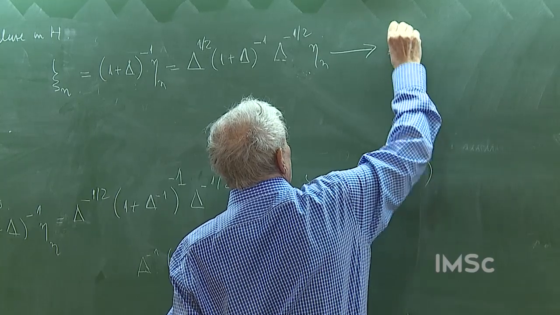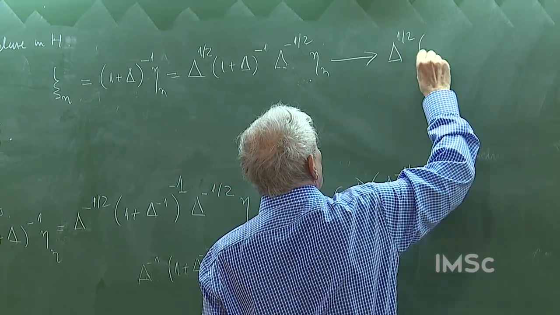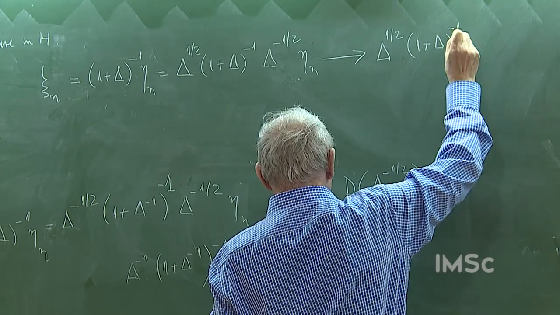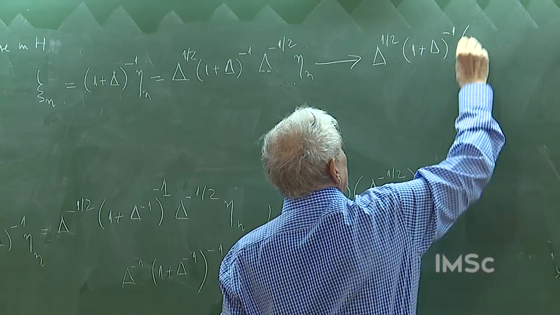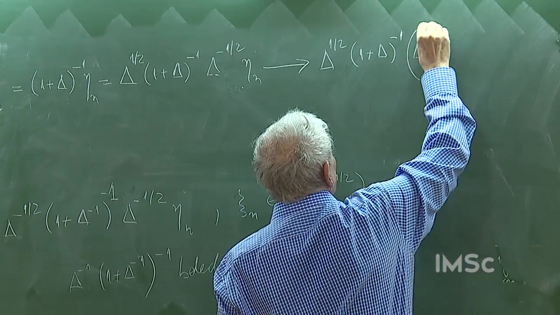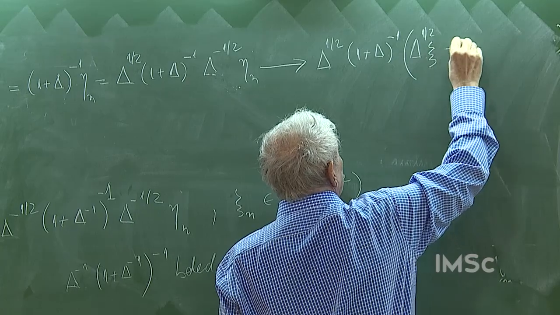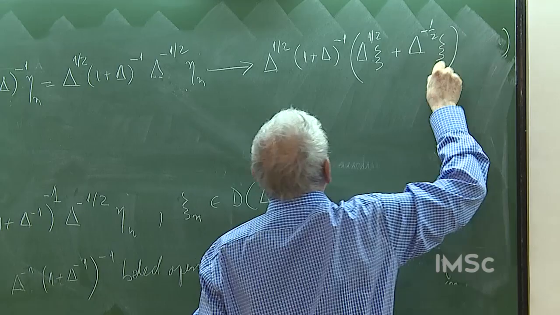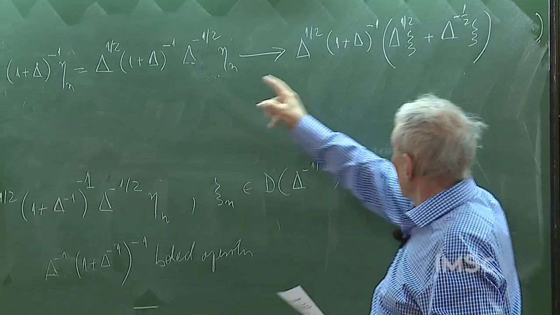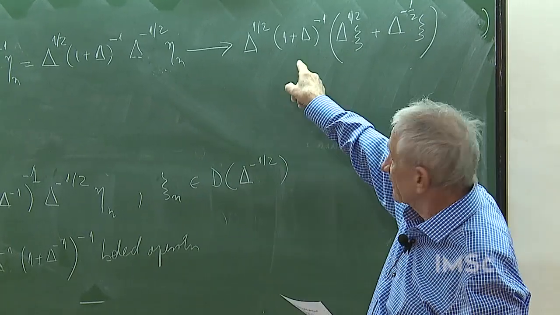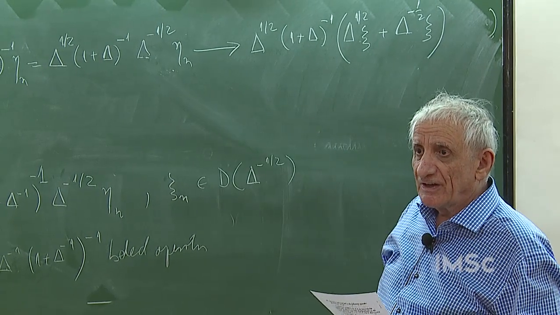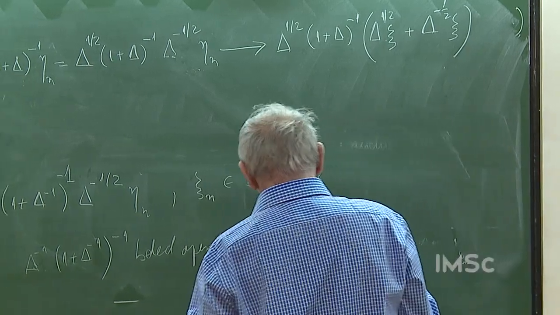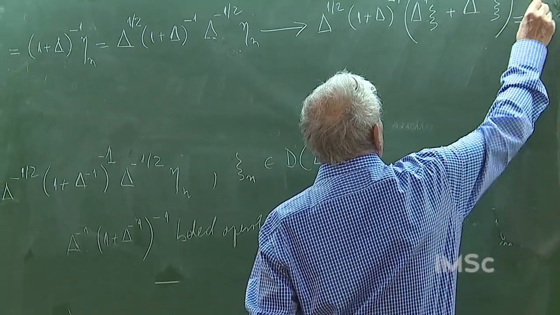Okay. And this converges to delta to power 1/2, 1 plus delta to power minus 1, delta to power 1/2 psi plus delta to power minus 1/2 psi. Because eta n was converging to this, and this operator is a bounded operator. So that I have this convergence, and now I have just to check that this is equal to psi.